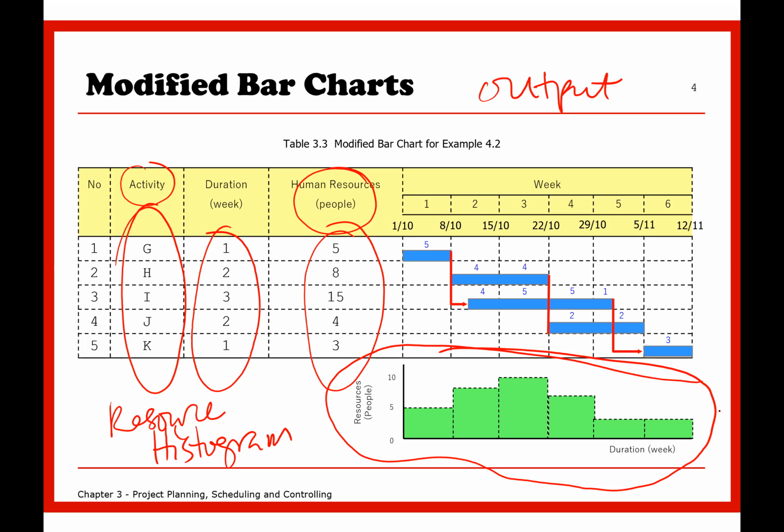If you use software, it will automatically be generated for you. What is the function of the resource histogram? As a contractor, it is not so important with regard to the client because the client only pays you money based on a certain amount of claim. You as contractor are the one that will use whatever resources you think necessary.